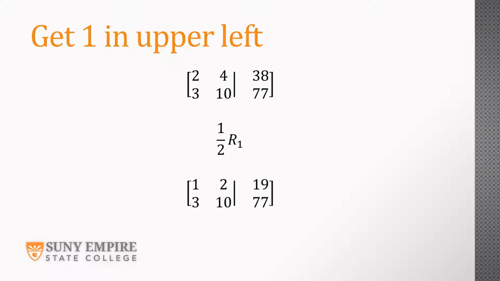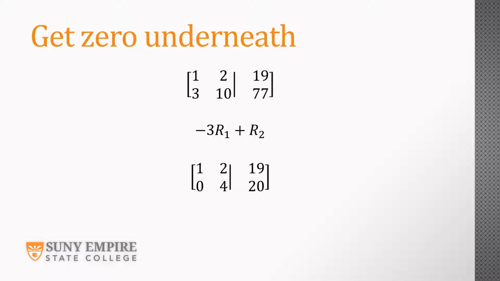We want to get a 1 in the upper left corner. Since there are not any 1s in the first column, we will use a scalar multiplication to get our 1. Multiplying row 1 by 1/2, we are left with 1, 2, and 19, then 3, 10, 77.